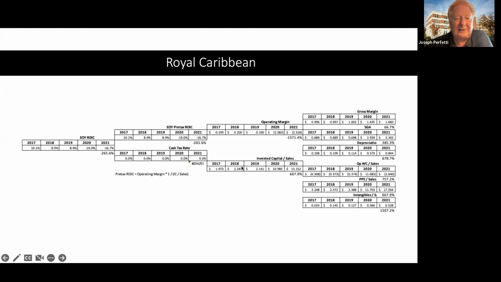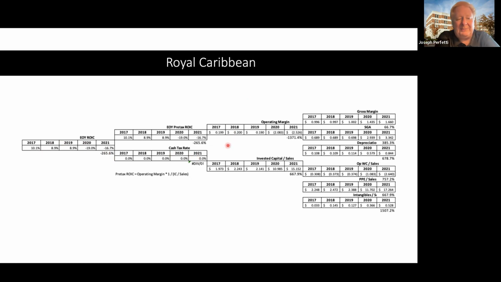If you can't see the file, let me know. But basically, the first thing you're going to notice is that Royal Caribbean doesn't pay any taxes. So they and Carnival have set up their jurisdictions, so they are basically tax-free, even though they're for-profit companies. So their after-tax ROIC equals their pre-tax ROIC.